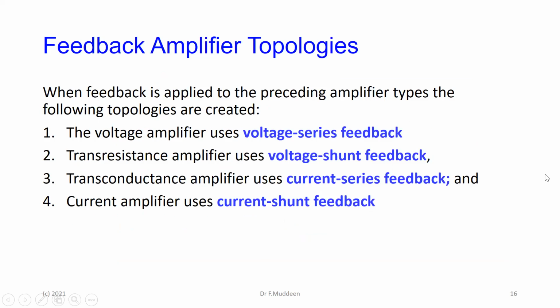Right. So in terms of feedback topologies now, we have the types of amplifiers. There are 4 types of amplifiers, depending on how we do the feedback, and we covered this a little bit in the December exam review.